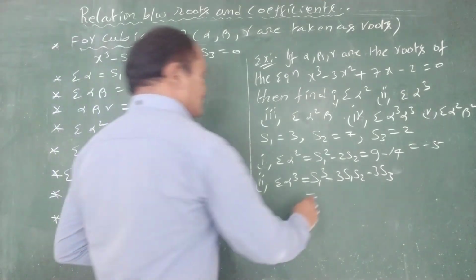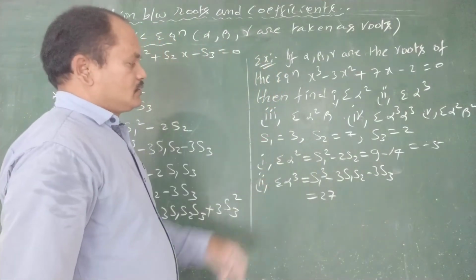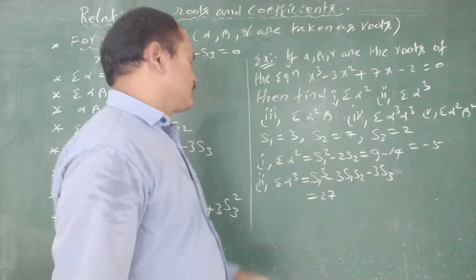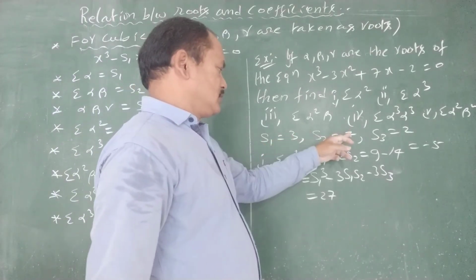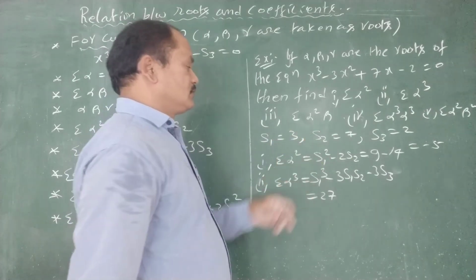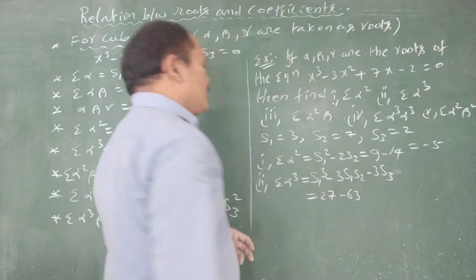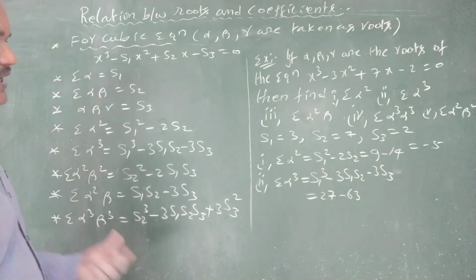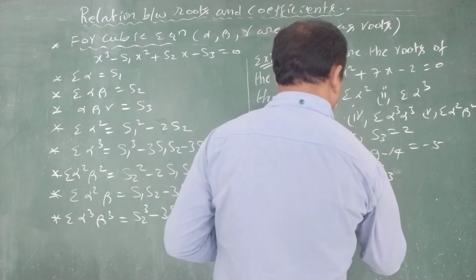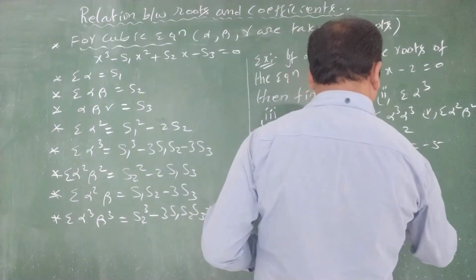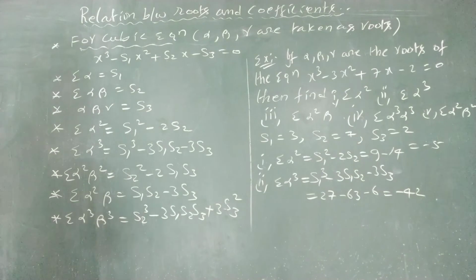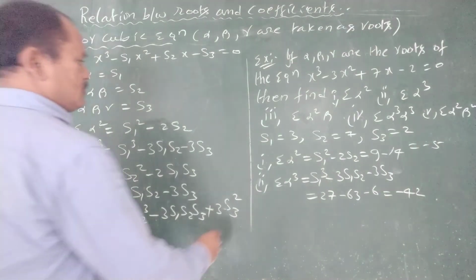S1 cube is 27, minus 3S1 S2: 3 into 3 is 9, 9 into 7 is 63. Then 3S3, S3 is 2, that's 6. Taking the sign accordingly, the value comes to minus 42.